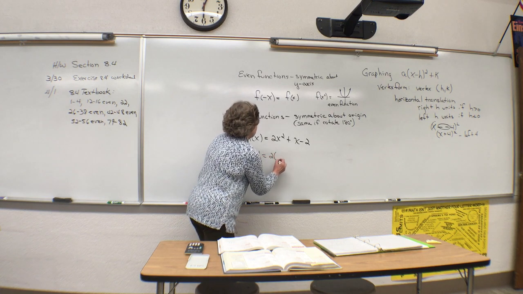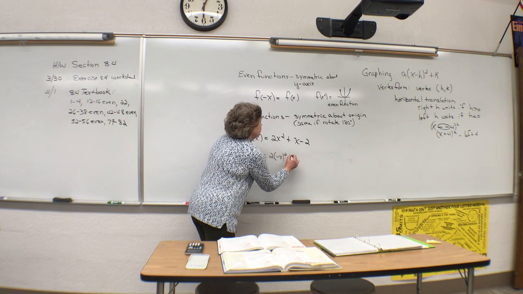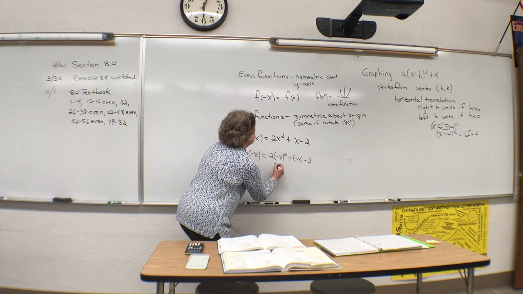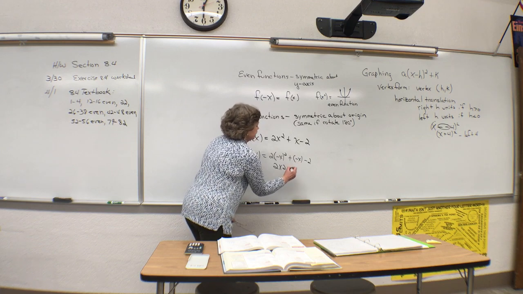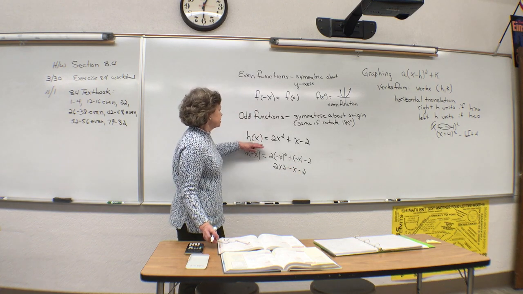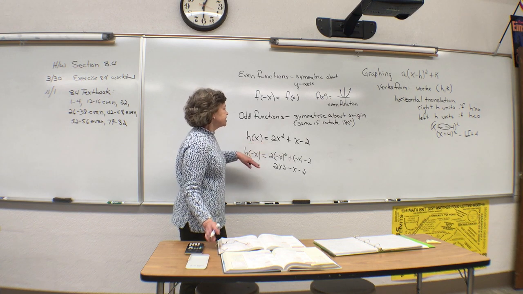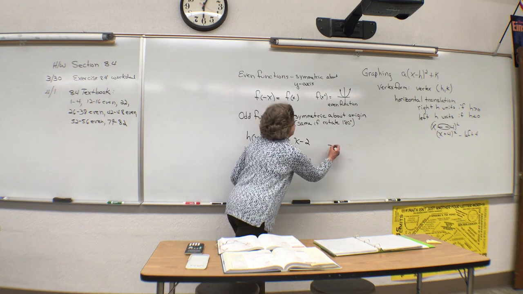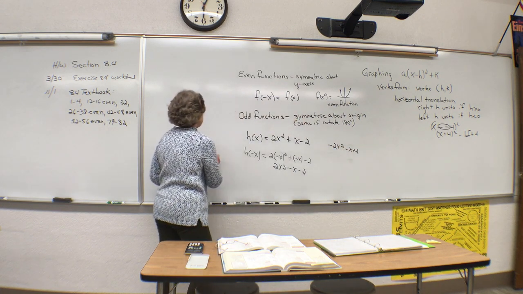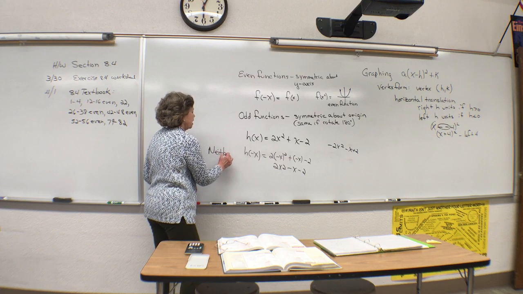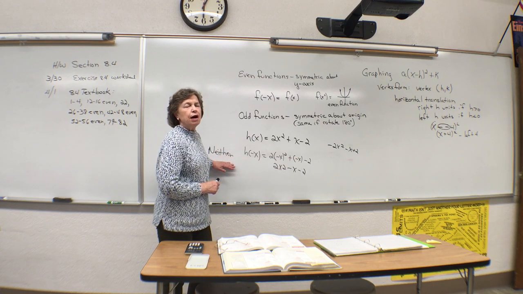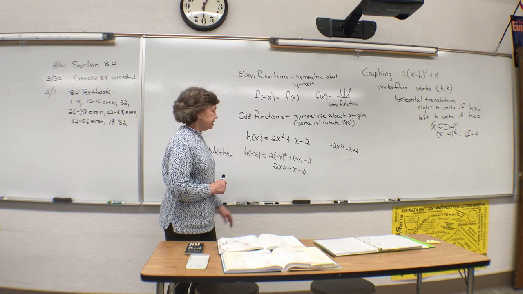So we have 2 times negative x squared plus a negative x minus 2, and when we simplify, this one's positive, so 2x squared, this is negative x, minus 2. So h of negative x was not equal to h of x, and it's not equal to negative h of x, because that would be negative 2x squared minus x plus 2. So this one is neither odd nor even. And most functions are neither odd nor even.